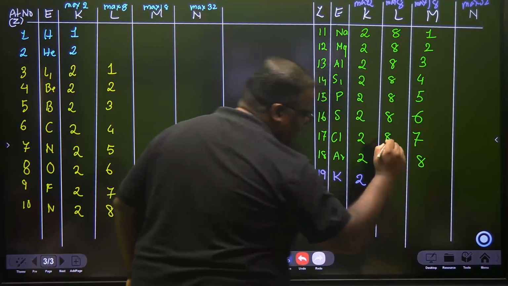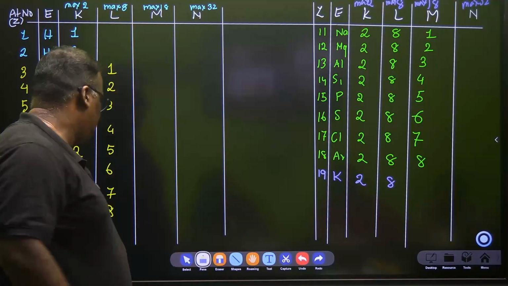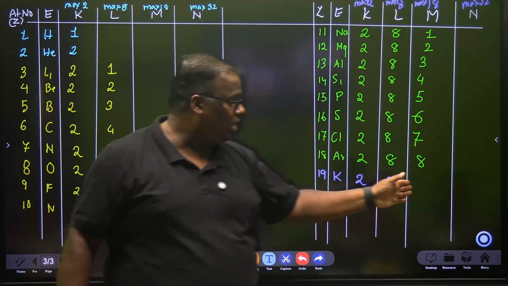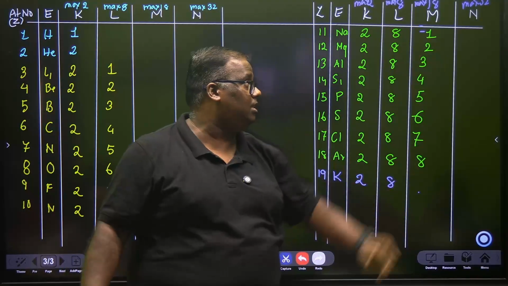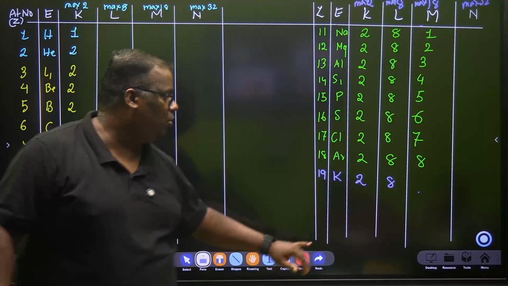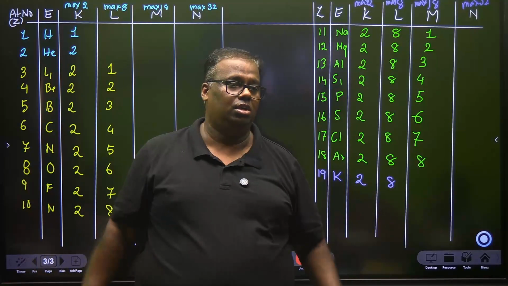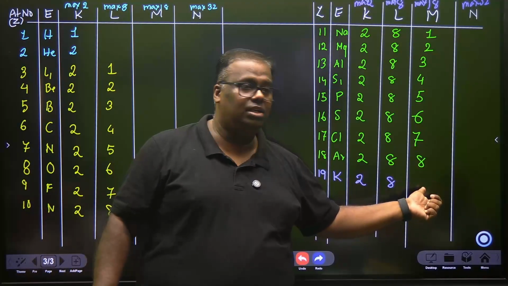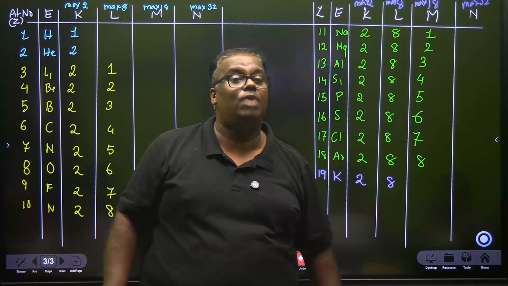2, 8. 10 electrons gone. How many more electrons to be accommodated? 9. Why do I not put 9 out here when the maximum capacity is 18? Not allowed. Because if I put 9 here, this becomes the last shell, which gets a special category called valence shell.